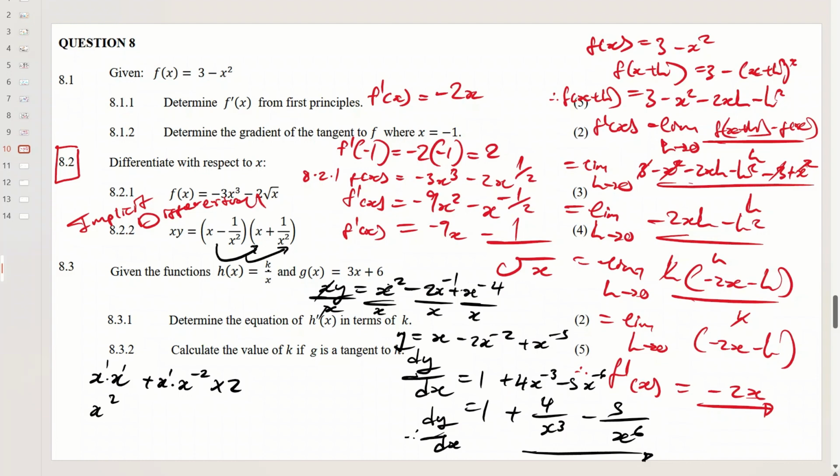Then you have the remaining part, the negative x times the x into the negative 2. Then this times that, and this term is this. Then you have that. See, you have the negative here.